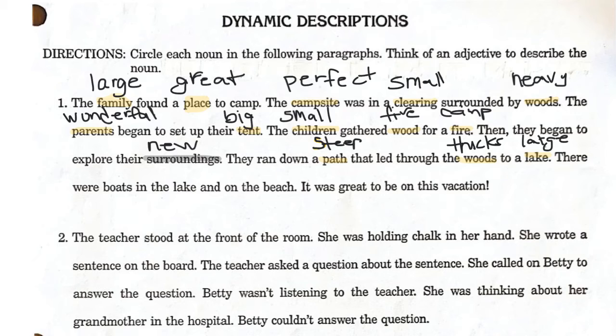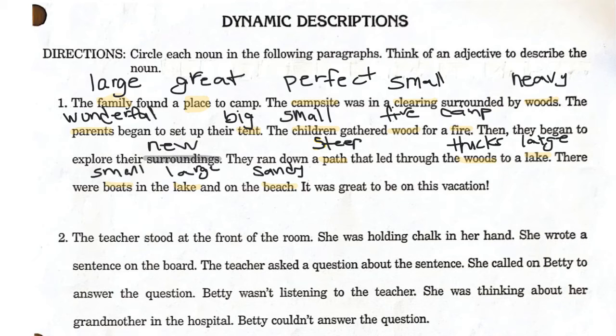All right. There were boats in the lake and on the beach. So when I go to write and add adjectives, there were small boats in the, you can go ahead and use large lake, and on the sandy beach.